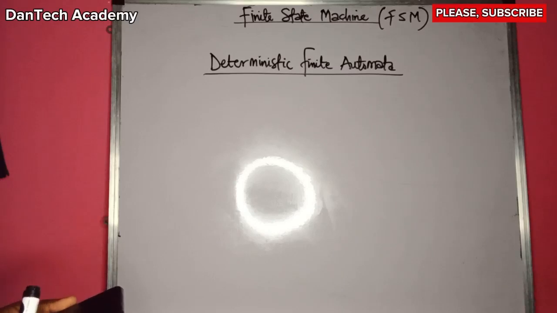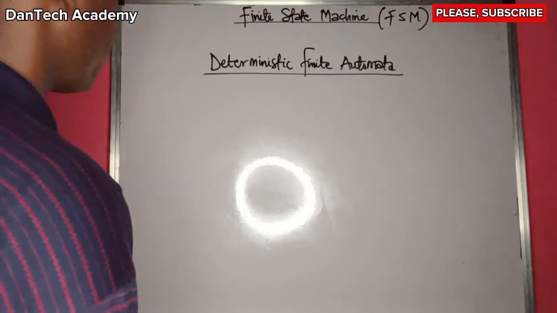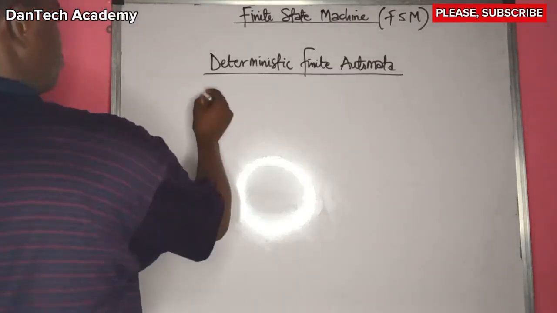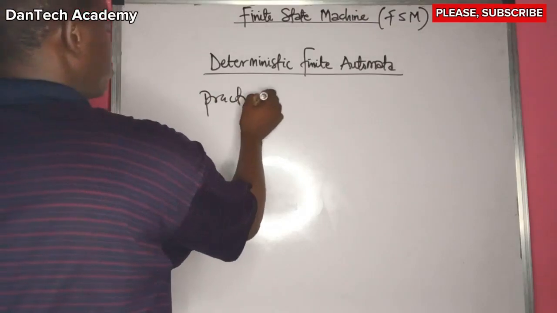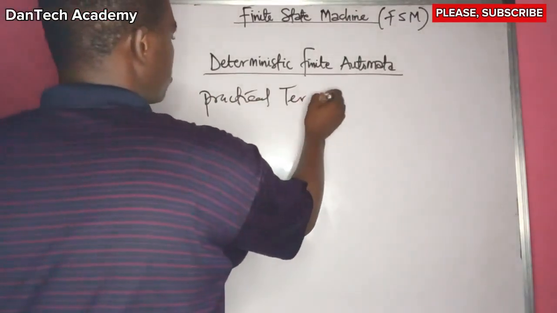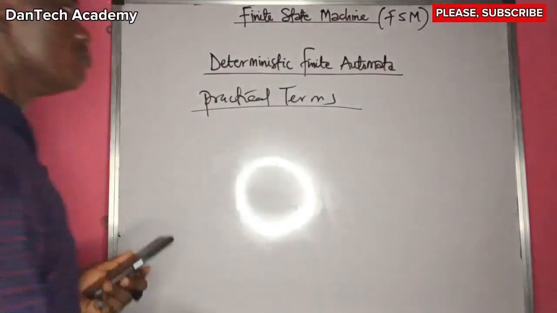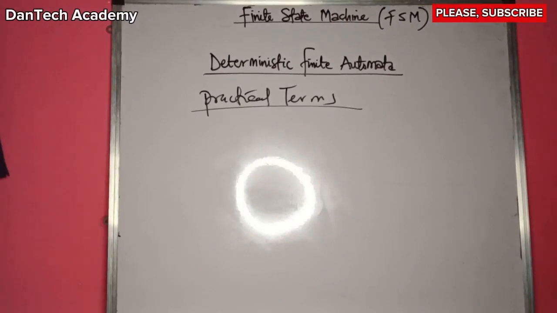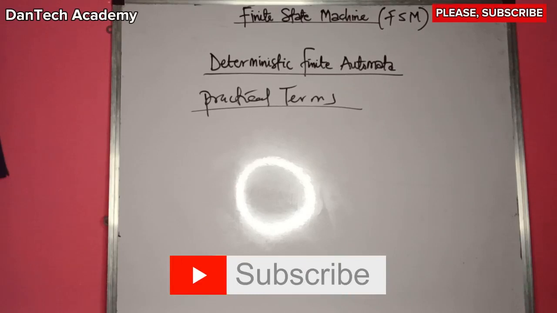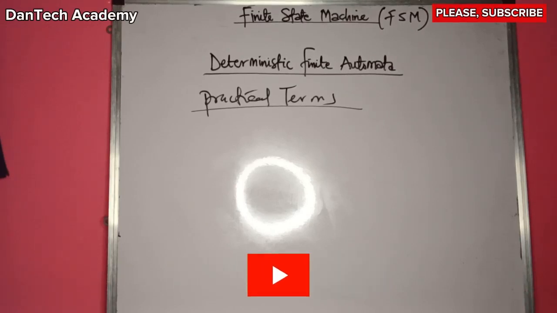Now let's say, for an example, in practical terms, let's think of DFA like a traffic light system. I'm just trying to make this foundational explanation just for us to understand the essence, the reason why we are doing this.